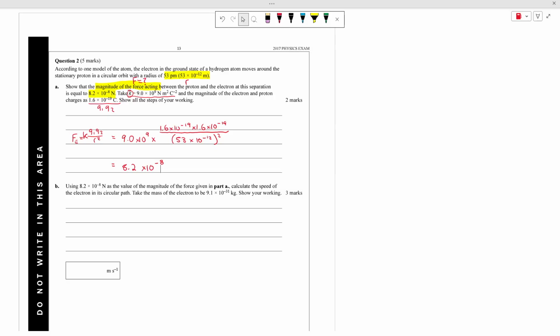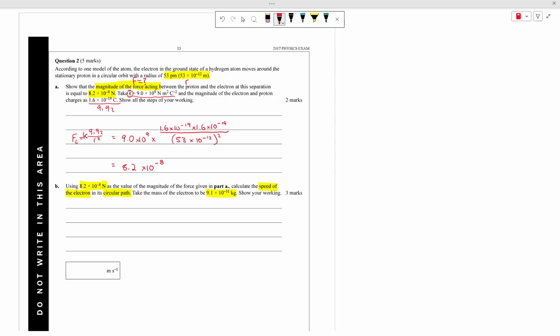Alright, so what are we trying to do here? We're trying to link together the speed of the electron with the force, and it is in a circular path with this radius up here, okay, from part A, and we've got a mass of the electron as well.